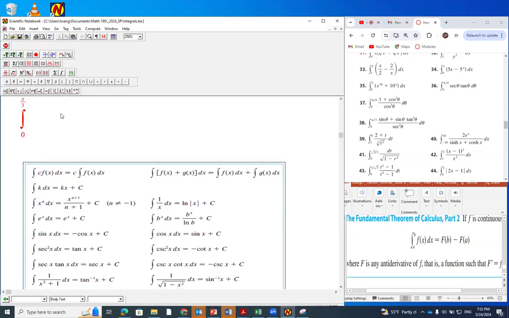Then we got sine theta plus sine theta tangent square theta divided by secant square theta, d theta. Make sure I copy the question correctly.